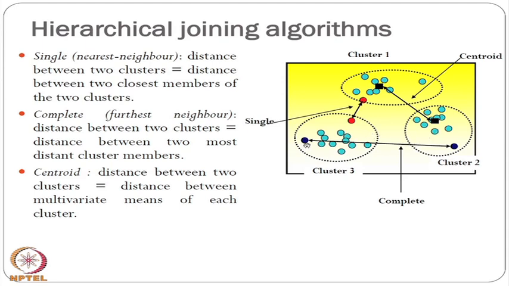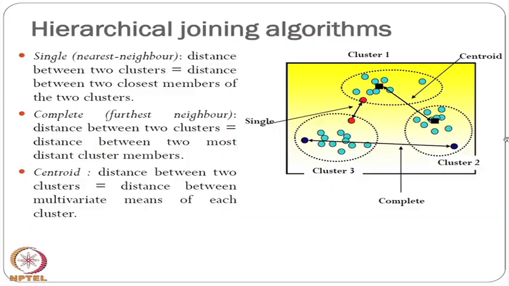Now, when you talk about complete linkage, you are talking about the furthest neighbor. That means you find the member in cluster 3, for example in this case, and the member in cluster 2 who are the farthest points. They are not the nearest, they are the farthest, at the maximum distance.